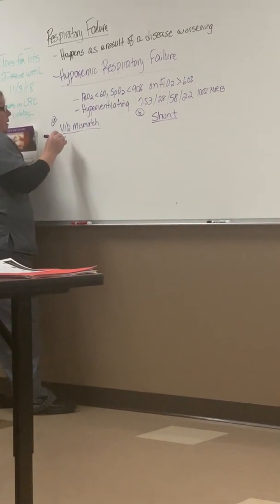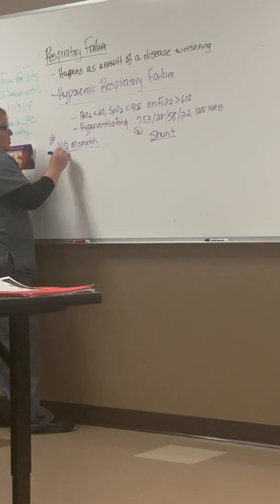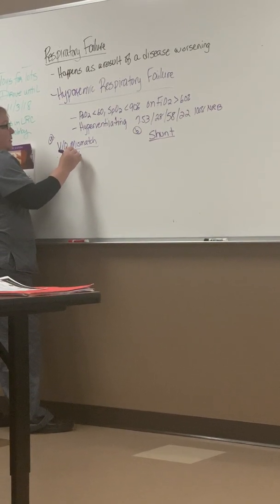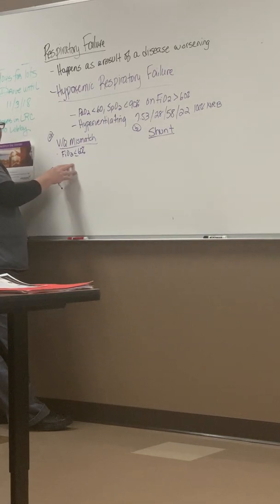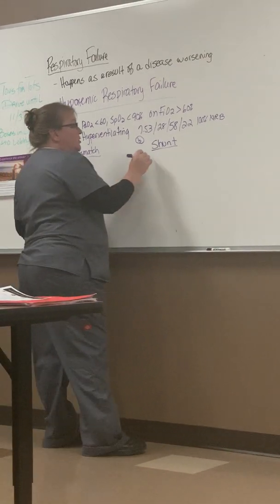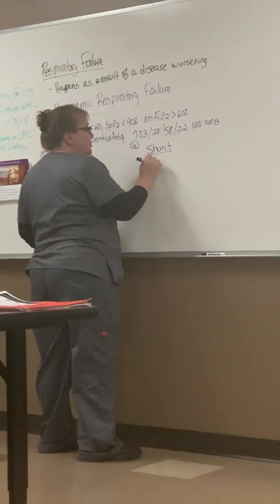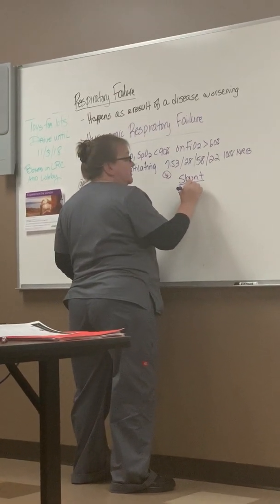So VQ mismatch is a FiO2 less than or equal to 60%. So these patients are on lower FiO2s. Shunt patients are on high FiO2s and usually high peaks.